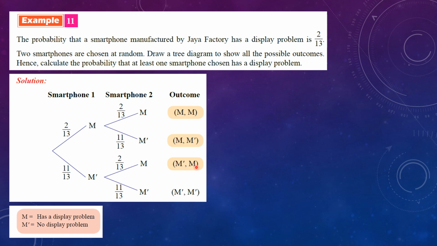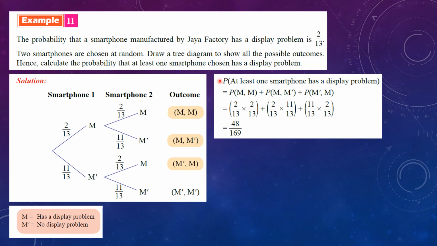That means MM prime, M prime M, or both having a display problem, MM. So the probability that at least one smartphone has a display problem: probability of MM is 2/13 multiplied with 2/13, then plus the second outcome, M M prime, 2/13 times 11/13, then plus the third one, M prime M, 11/13 multiplied with 2/13.